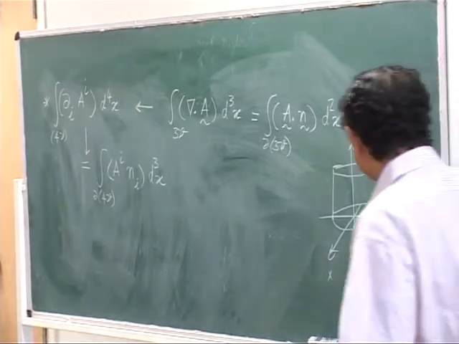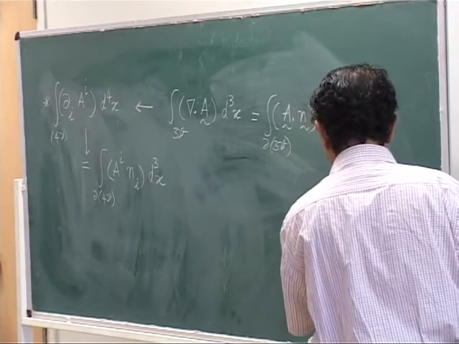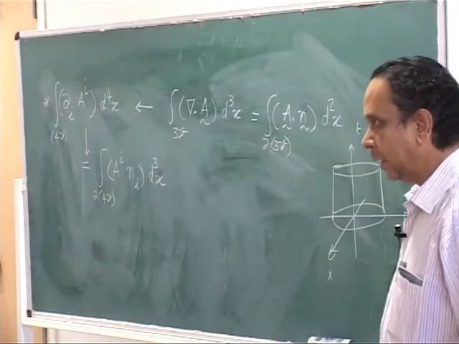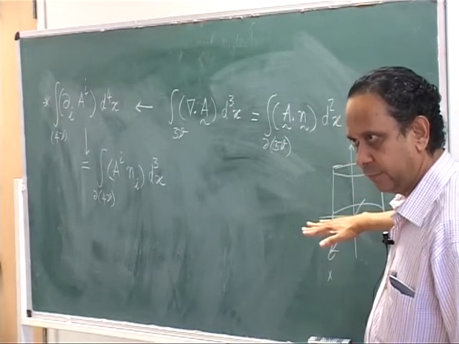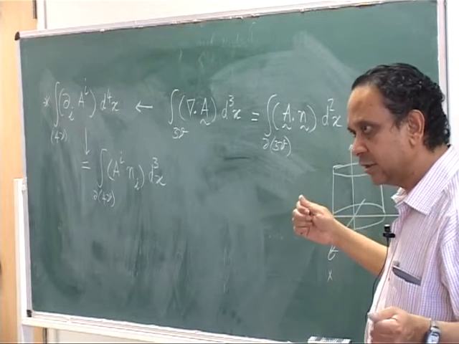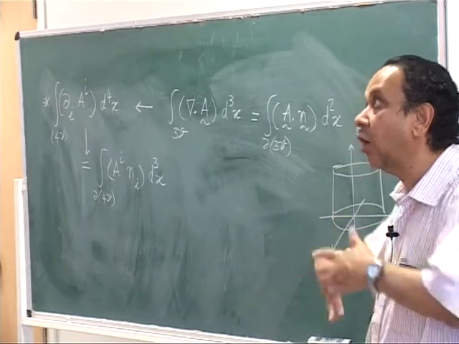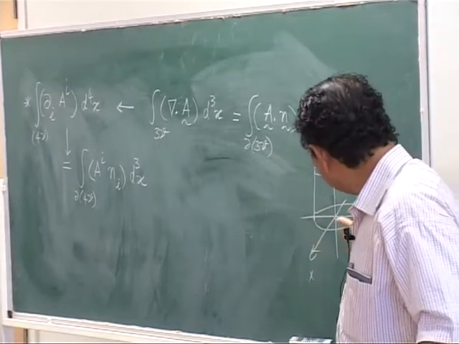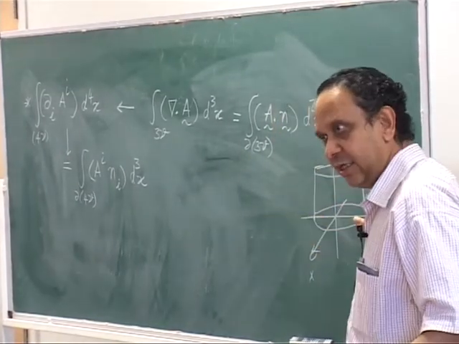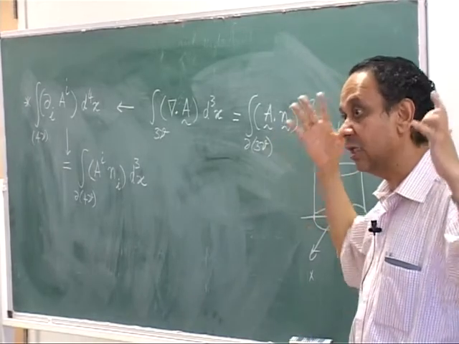So, I have drawn, let us say, a circle here in the xy plane. Now, this is the t is equal to constant surface. What is t is equal to constant surface? T is equal to constant is all your space. Okay. So, this 2 dimensional region is actually 3 dimensional space.